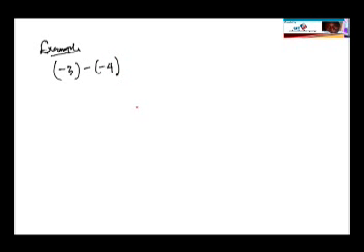Good. Now two signs cannot come together. Take note of that. Anytime you have two signs coming in between each other, it is assumed this is the same as saying minus times minus, because the bracket here refers to multiplication. Bracket in mathematics refers to multiplication.